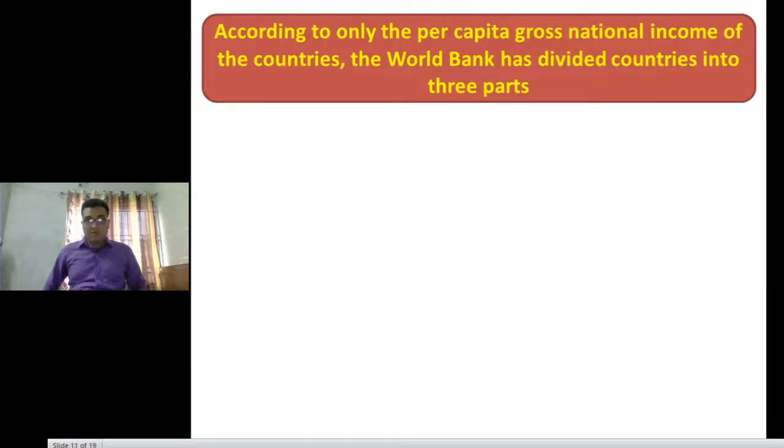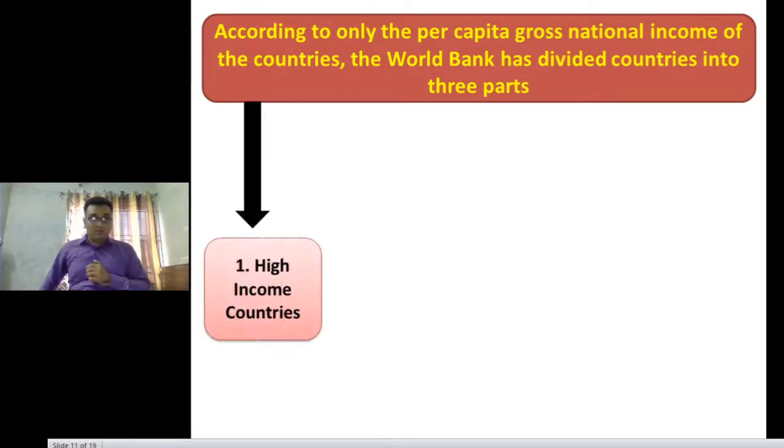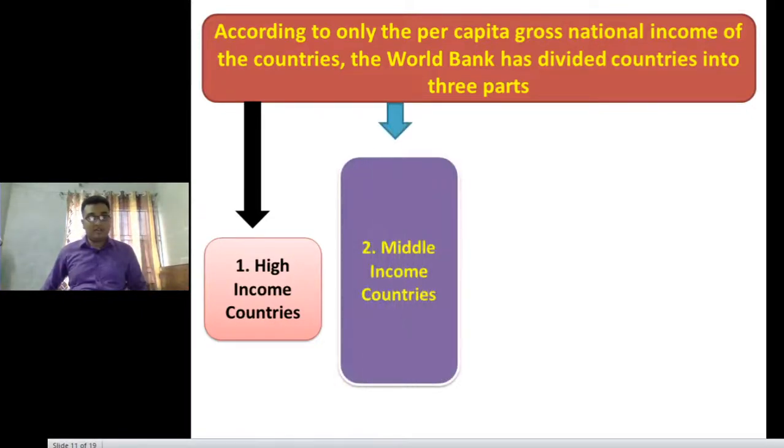Dear students, now I am going to start the new part of our today's class. According to only the per capita gross national income of the countries, the World Bank has divided countries into three parts. First one is high income countries, second one is middle income countries, and there are two parts of middle income countries.